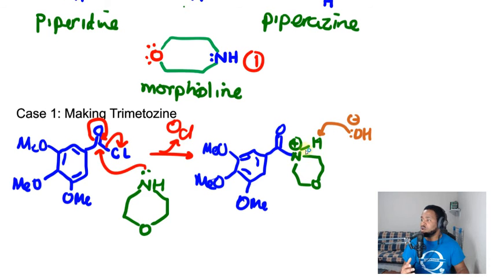And therefore this bonding pair becomes a lone pair on the nitrogen, and this creates our specific product. On this side we have the loss of water, and we have our desired product that is being formed right here.